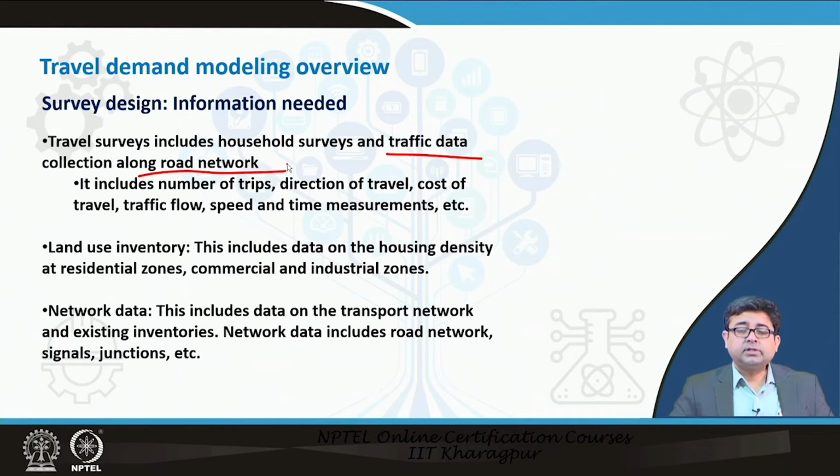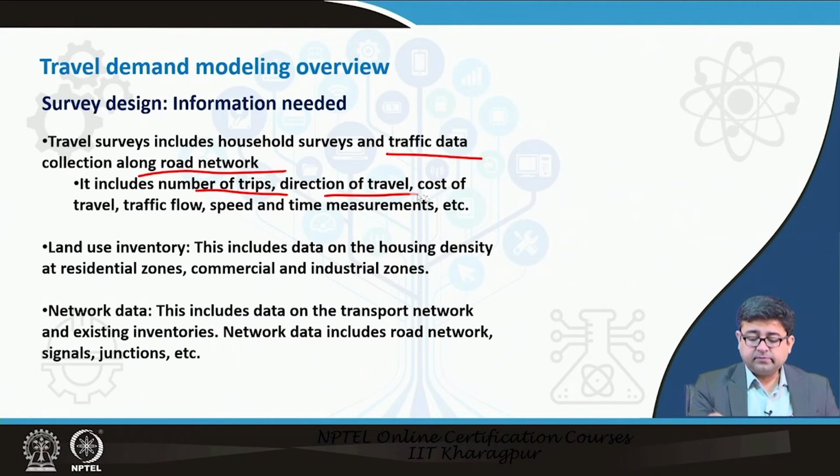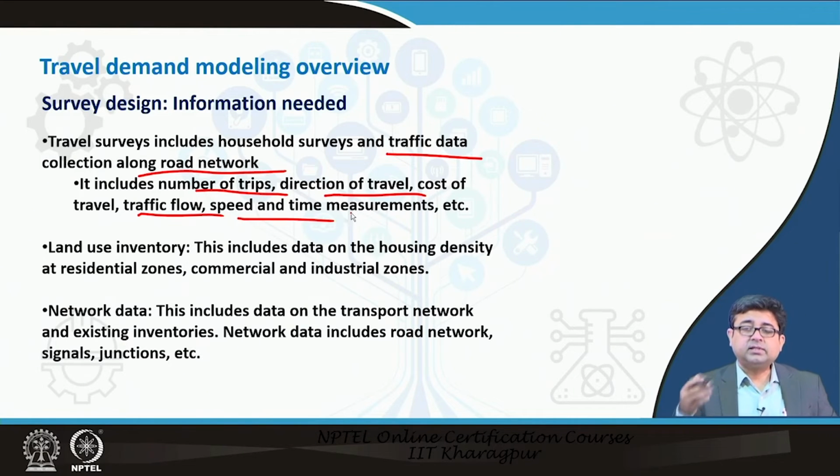Nowadays, like I had mentioned earlier, you have cameras throughout your transportation systems, which makes it easier to at least gather this data. So once you have collected this data, you have to analyze it, you have to clean the data and convert it into information, which will let you know the number of trips that are being taken, the direction of travel, the traffic flow and the speed. So all of these estimates can be made once you collect this kind of data.